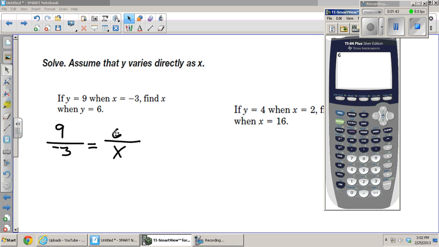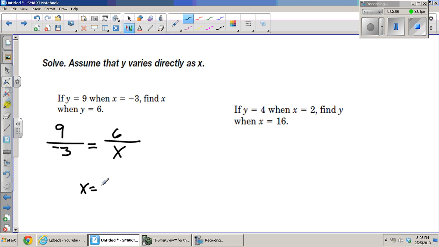Then in one step you just cross multiply and divide. So I would hit times negative 3 divided by 9. Ratios are simple. If you know to put the one with the variable in the calculator first, then cross multiply and divide. In this case, x would equal negative 2.